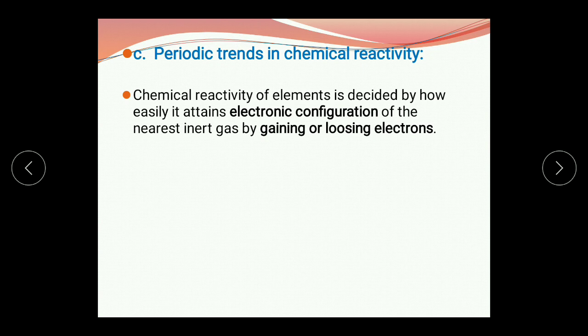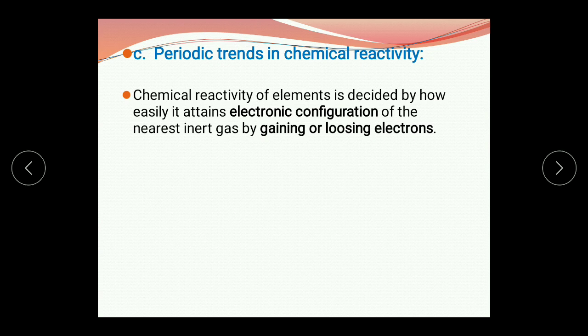That is the definition of chemical reactivity.